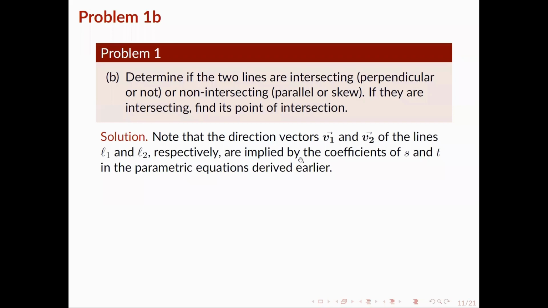So for the next one, we are tasked to determine if the two lines are intersecting or non-intersecting. And if they're intersecting, we are to find its point of intersection. So, let us note that the direction vectors v sub 1 and v sub 2 of the lines L sub 1 and L sub 2 respectively are implied by the coefficients of t and s in the parametric equations that we derived earlier.